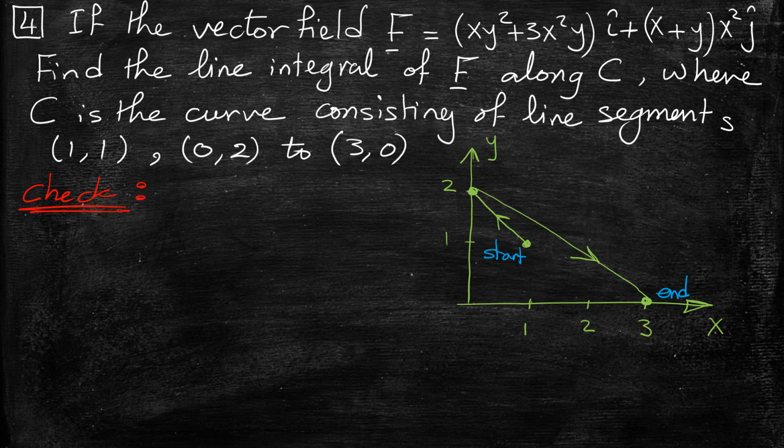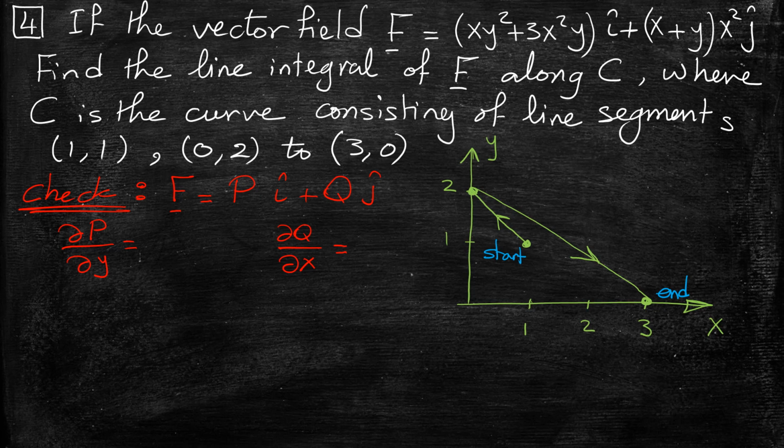I will check if f is equal to some function P in i plus another function Q in j. What I will be doing is getting the derivative of this P with respect to y and the derivative of this Q with respect to x.